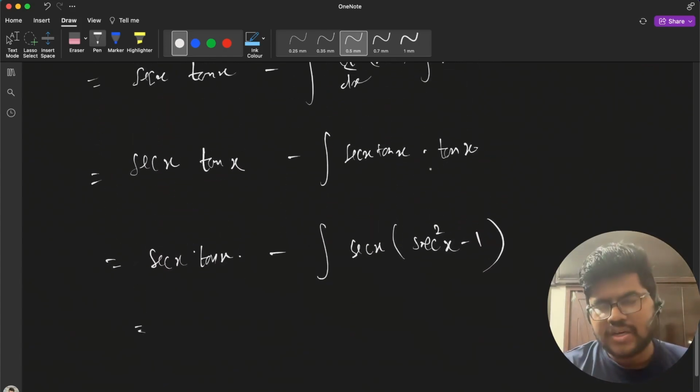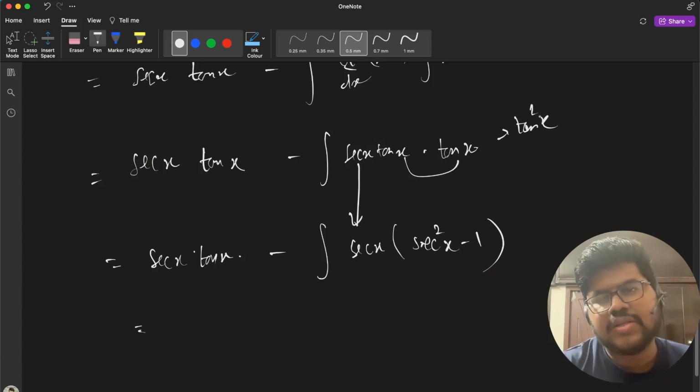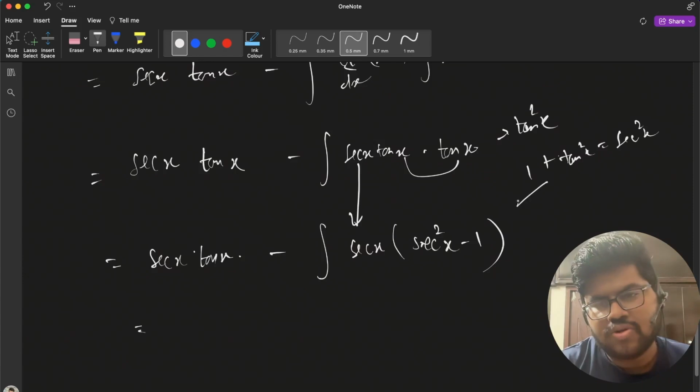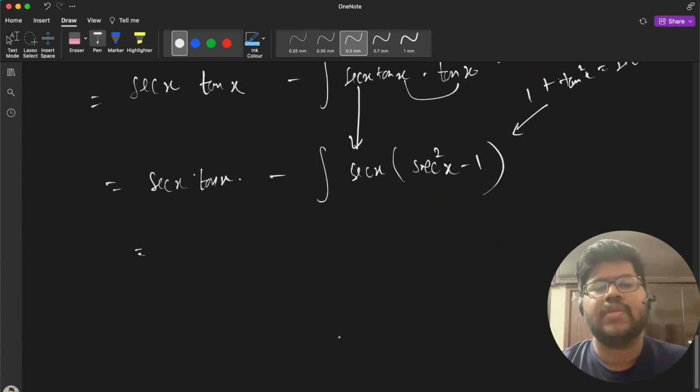Basically, try to understand the concept which I have used here. This sec x remains sec x, then tan square x, and we know that 1 plus tan square x is sec square x. So this step comes from here, right?